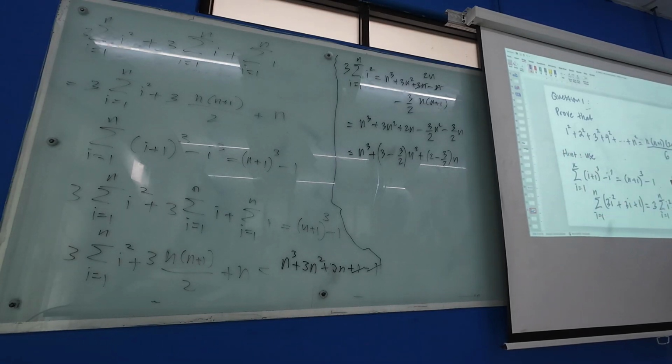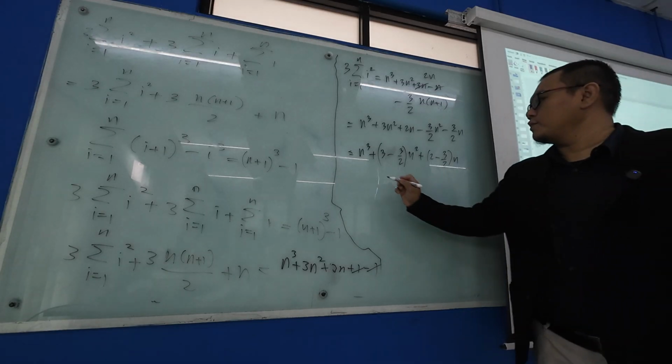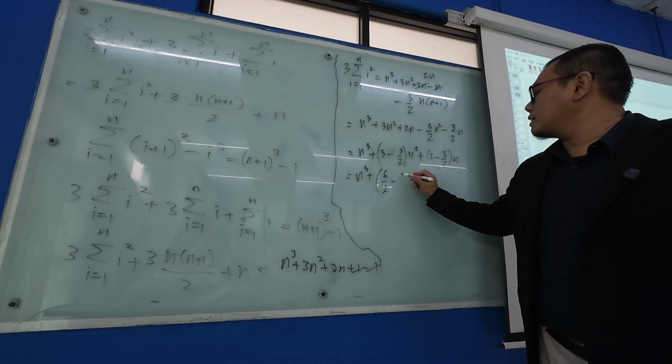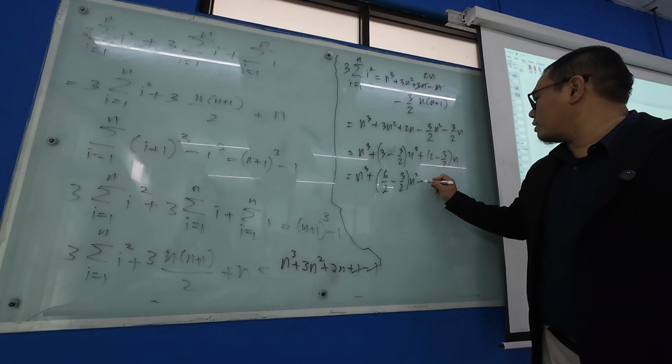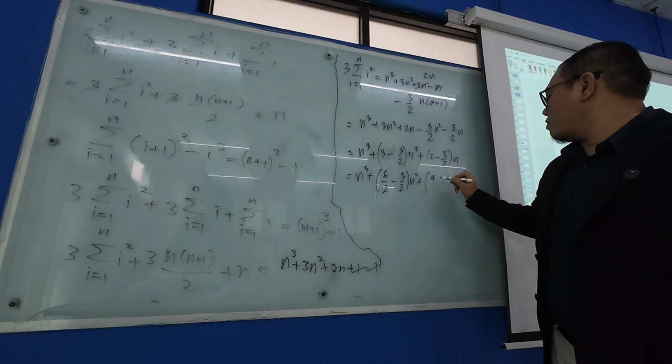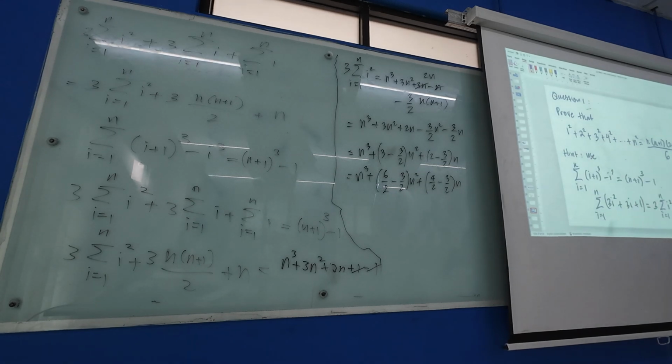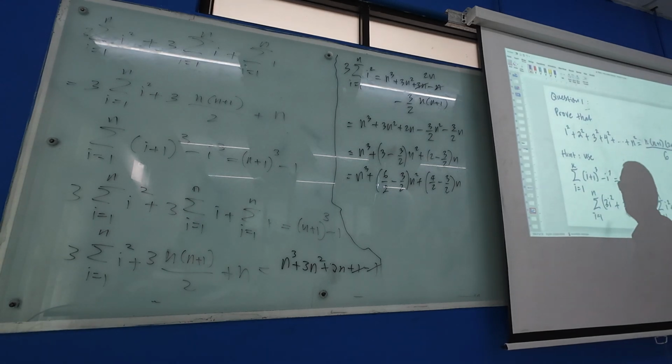What is 3 minus 3 over 2? 3 can be written as 6 over 2, so 6 minus 3 is 3.